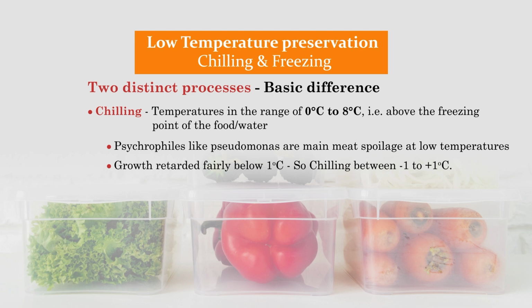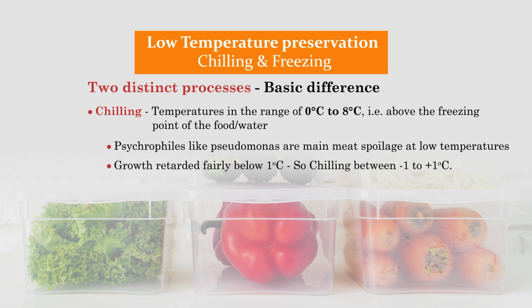Here it is important to see that we have seen mesophiles stop around 7 degrees, but the challenge of psychrophiles is still there. And among psychrotrophs, we have seen there were certain pathogens. If there is a product like a meat product, then the temperature required in chilling could be slightly sub-zero.